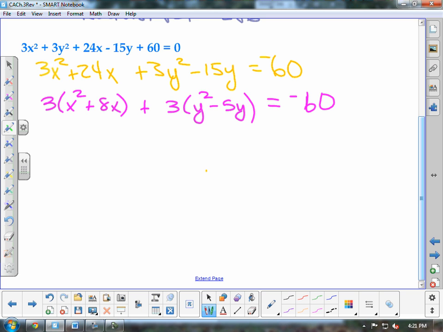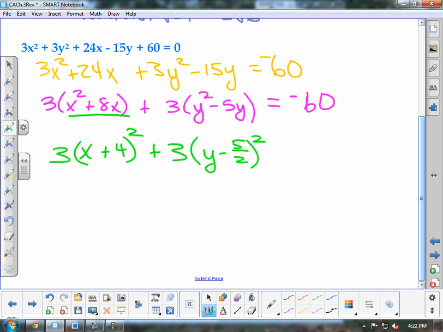And now we have to try to complete the square of this, which would be x plus 4 squared, still a 3 there, plus 3 times y minus 5 halves squared equals, and now you would have to multiply or add in order for that to happen.